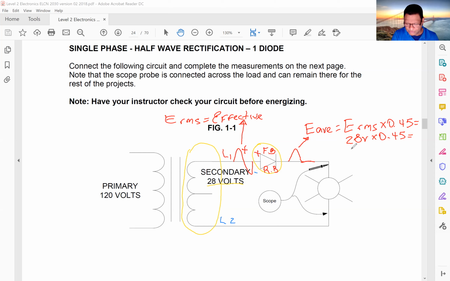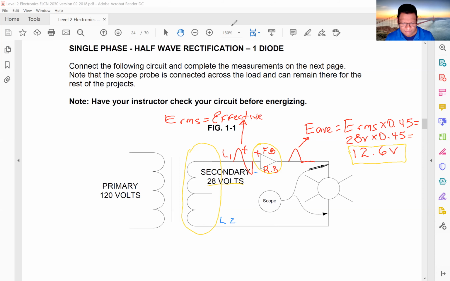That will be equal to 12.6 volts. Now, this 12.6 volts that we have right here is a DC voltage. Let's verify with the simulation software, which is Multisim.